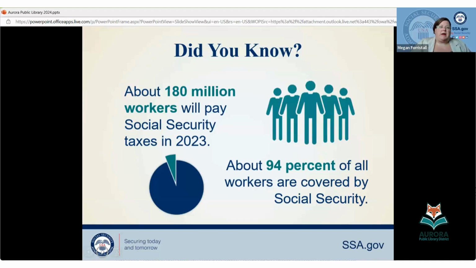I also help with Wisconsin when my colleague is gone. All the teachers pay in Wisconsin. So not having paid in Social Security is much less common in many states. But in Illinois, we have a fair amount of people who do not pay in.